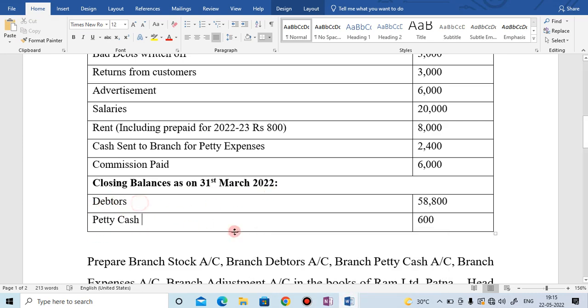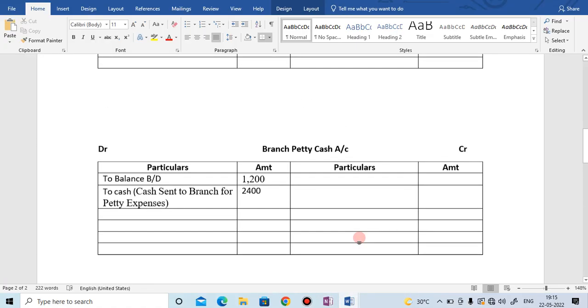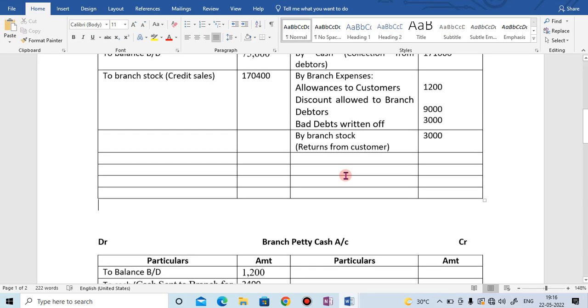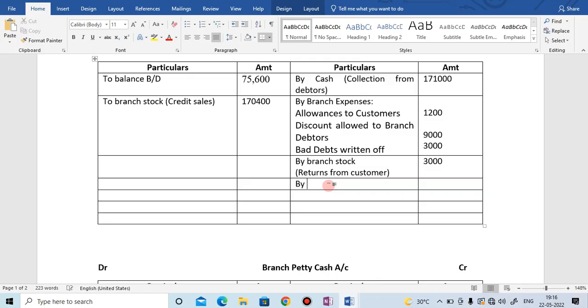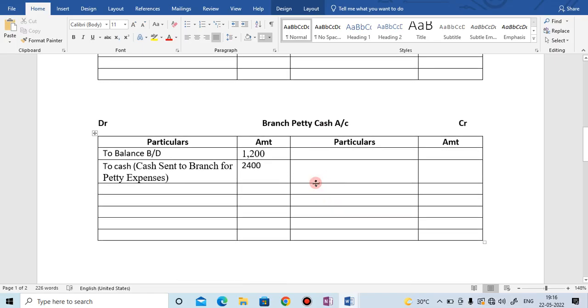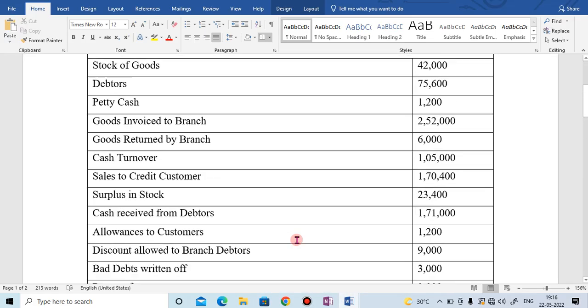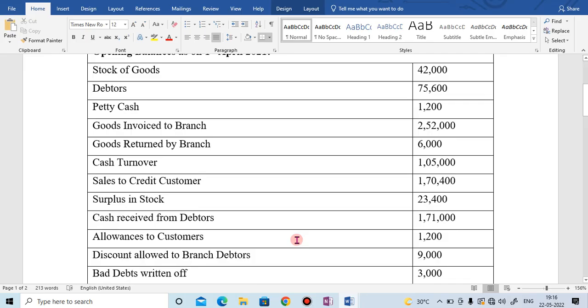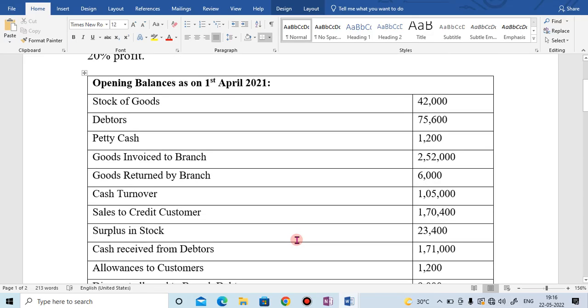So for the closing balance of debtors, write in the debtors account by balance carried down 58,800, and for petty cash by balance carried down 600 rupees.